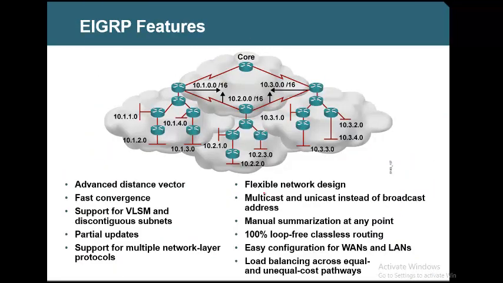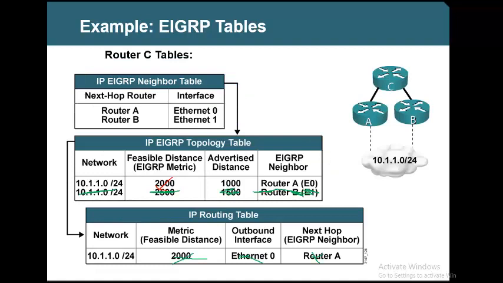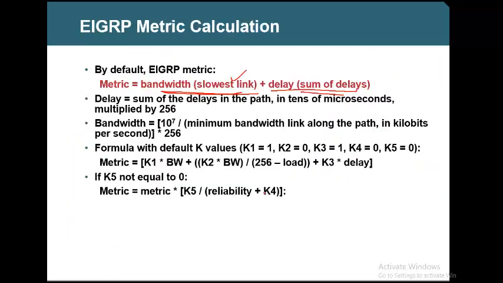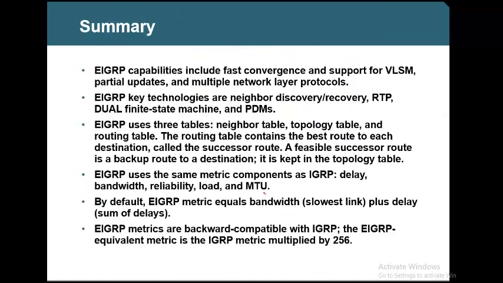And this page is very important, and then this page is very important, and then this page is very important, right? And even the packet types are also important. And then the metric is also important, right? So that's about the first chapter. We have another 6 chapters like this.